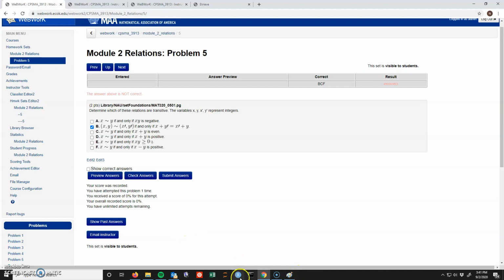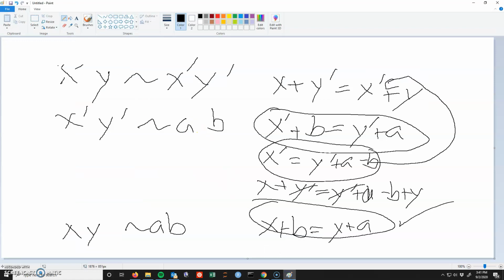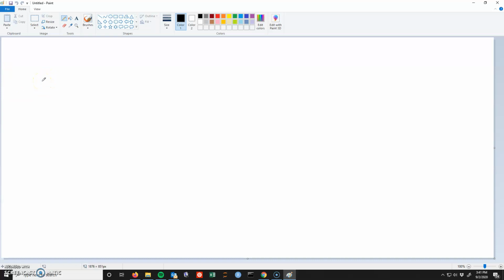Next one is about the addition of two numbers being even. The proof here is a little tricky, so I'm going to talk through it. If we need x plus y to be even, what we're really saying is that either x and y are both even, or x and y are both odd. They have to be the same parity if you're going to get an even number. When we say y plus z is even, these two also must be the same.